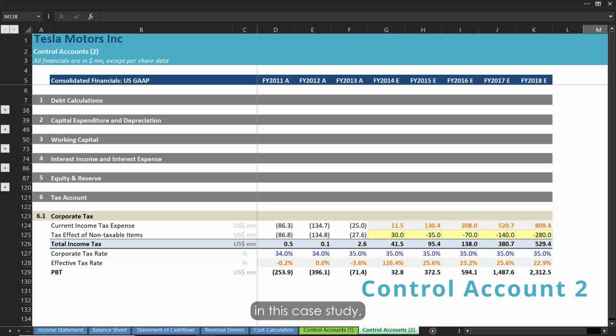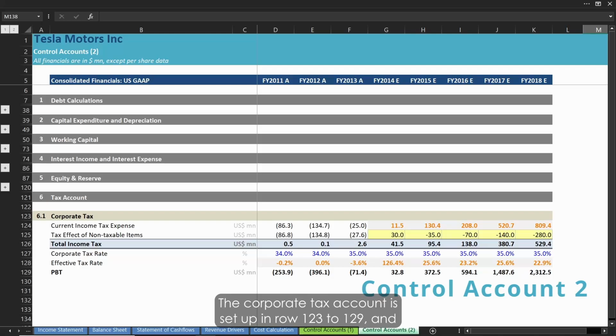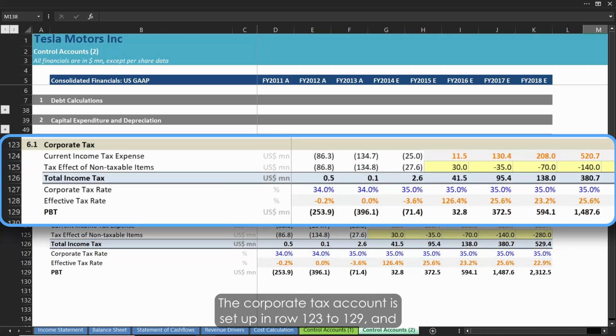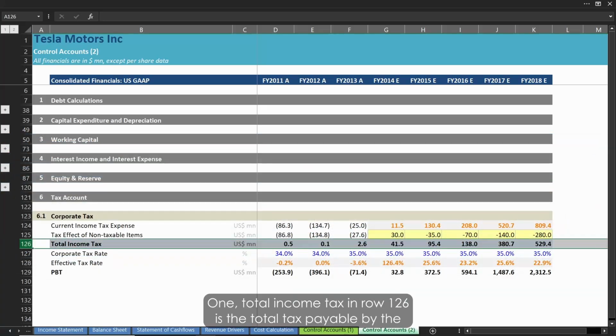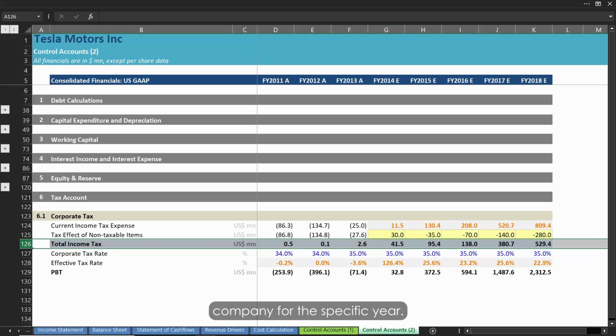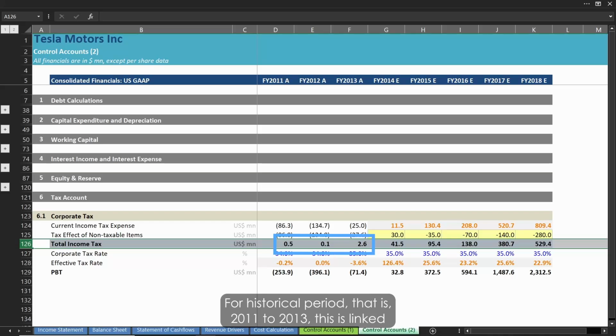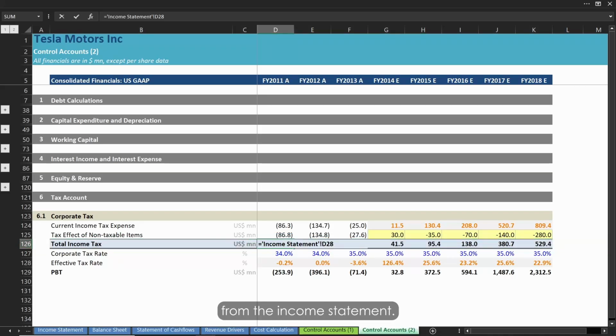In this case study, the corporate tax account is set up in row 123 to 129 and includes the following components. 1. Total income tax in row 126 is the total tax payable by the company for the specific year. For historical period, that is, 2011 to 2013, this is linked from the income statement.